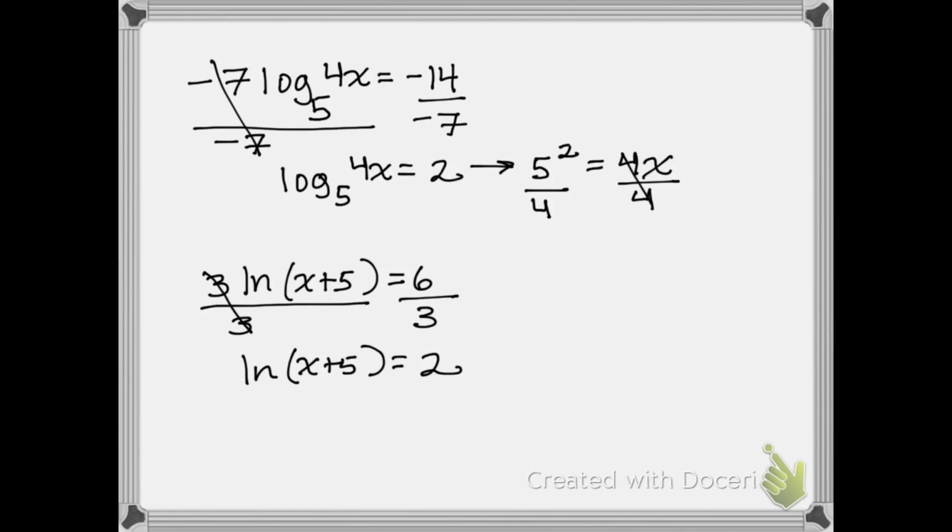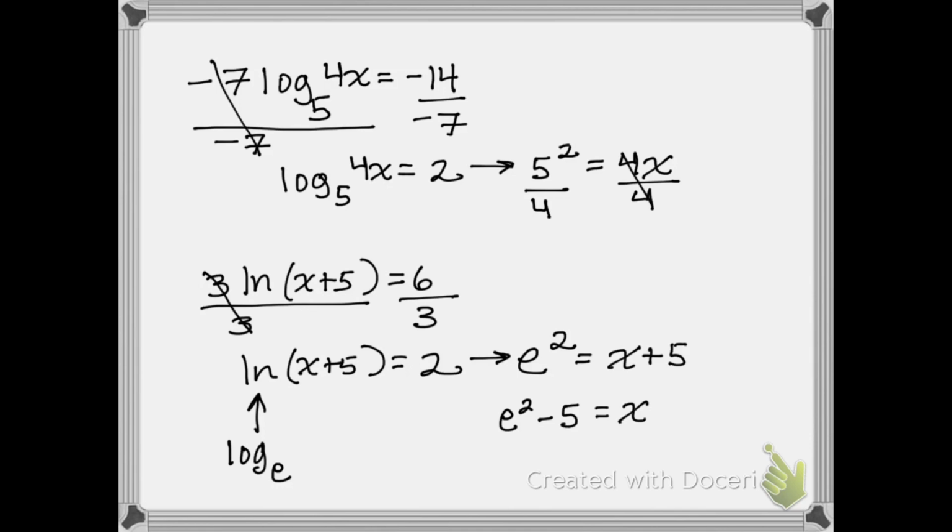And remember that in order to apply the definition of a logarithm here, the natural log is base e, log base e. Therefore, I can write this as e to the second, that is taking the base of the logarithm, which is e, and raising that to the second power, equals x plus 5, and therefore x is equal to e squared minus 5.